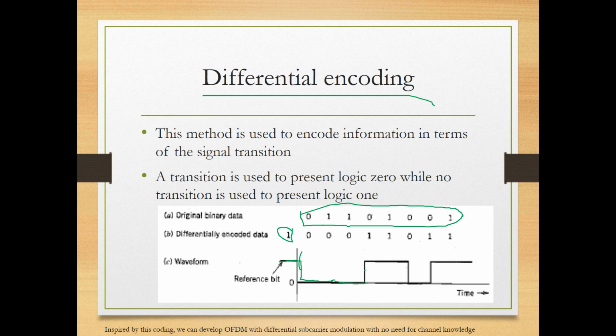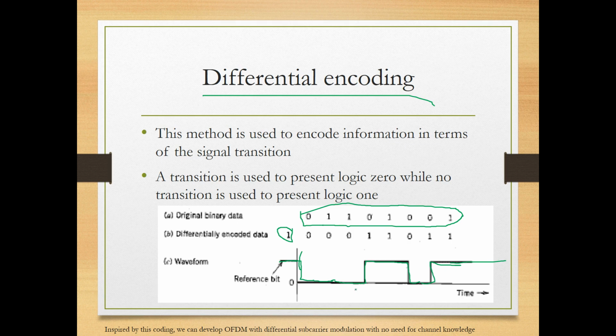You are allowed to make a transition above 0. So you go up. This is due to 0. 1 comes. Remain straight. 0 comes, make a transition. 0 comes again, make a transition. 1 comes, remain as you are, and so on and so forth.